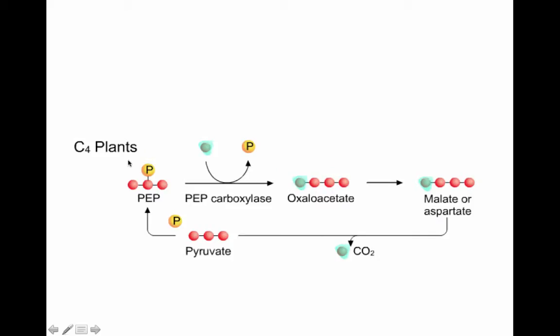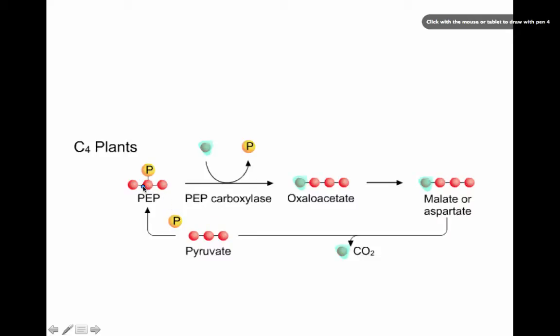Okay, so one pathway to do this is called the C4 pathway, and this is found, I believe, in plants like corn. It uses a 4-carbon intermediate to hold the CO2 in order to feed it then into the Calvin cycle.